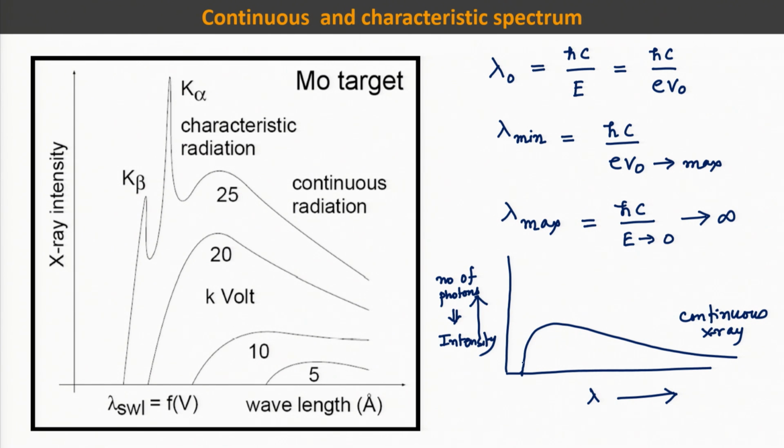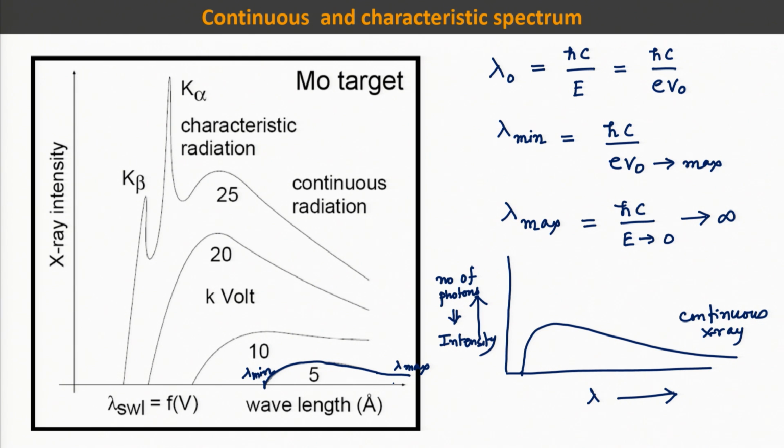But if you change the voltage, as shown in this left hand side diagram, suppose at 5 kilovolt your continuous spectrum will look like this. This is your lambda minimum, and at infinity you will have a lambda maximum.